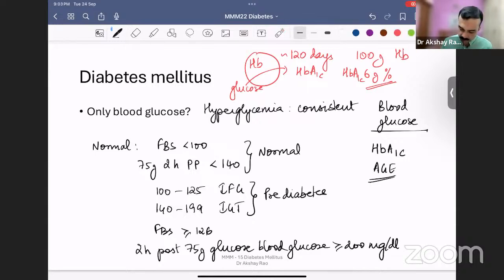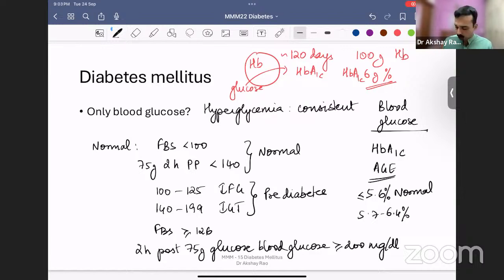So HbA1c value, what is high? HbA1c value below 5.6% is normal. Between 5.7 to 6.4%, these are percent, please keep in mind. Please make sure that the hemoglobin is not affected.